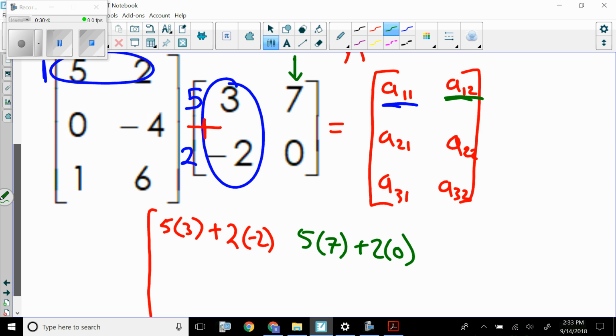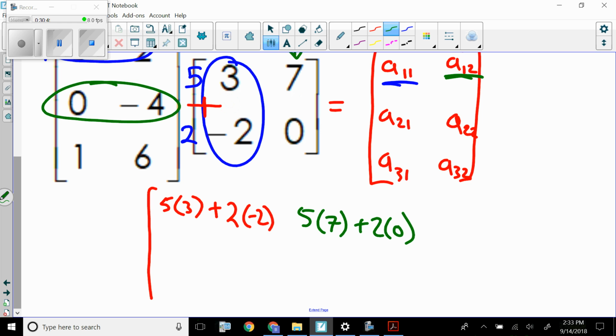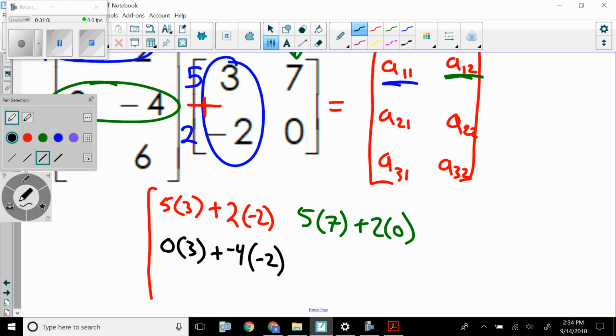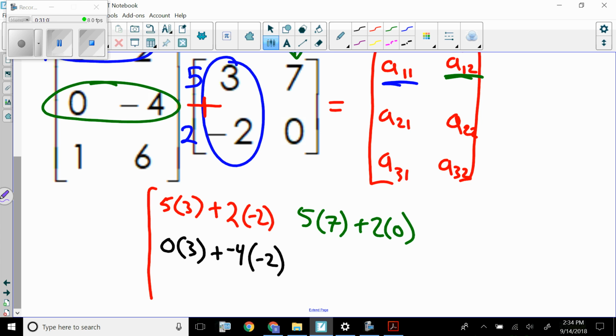Then I move down to the next row, and I do the same thing. In this case, I would have 0 times 3 plus a negative 4 times negative 2. If I continue to work my way across, I would do the second column now. So that is 0 times 7 plus a negative 4 times 0.